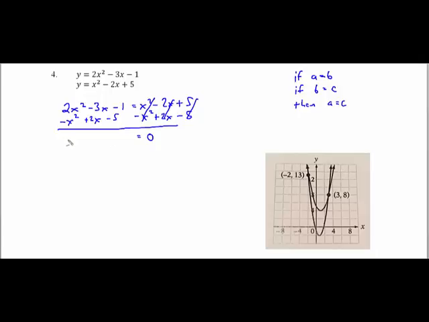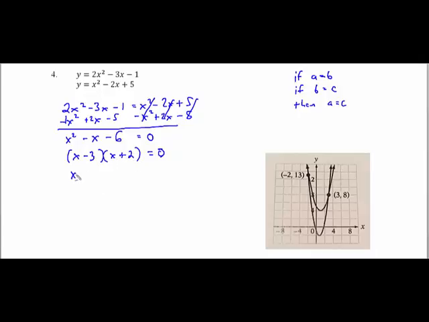Then what we have on this side is x squared, because 2x squared minus 1x squared is x squared. This is going to be negative 1x, and this is going to be negative 6. And then we will solve for x using factoring, because it's pretty easy to factor this trinomial. Two numbers that multiply to make negative 6 and add to make negative 1. That is going to be negative 3 and positive 2.